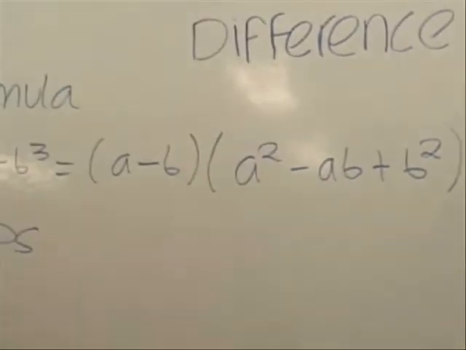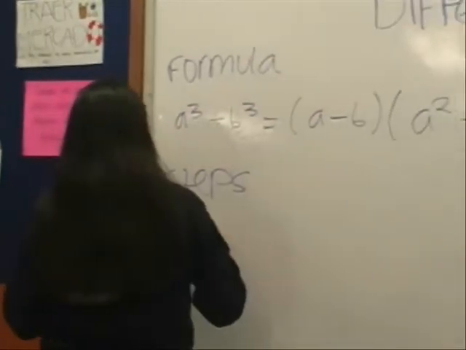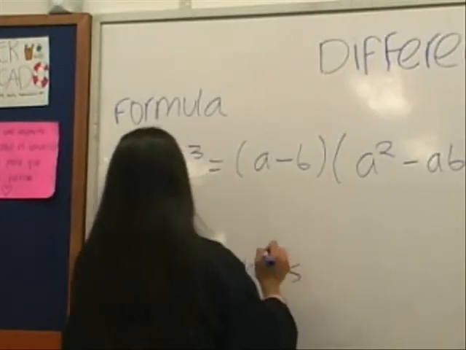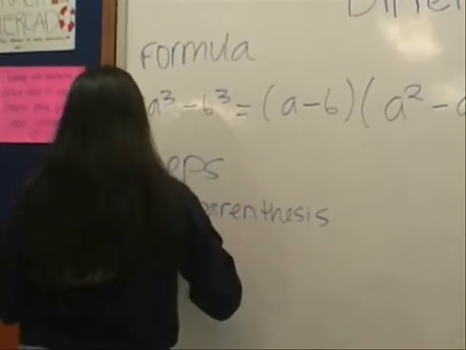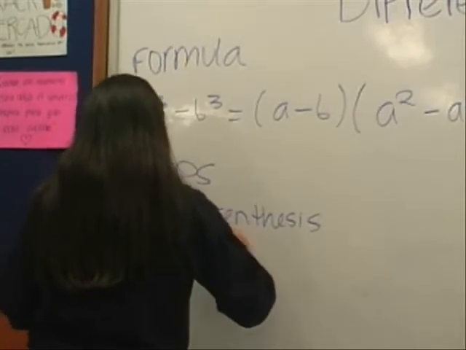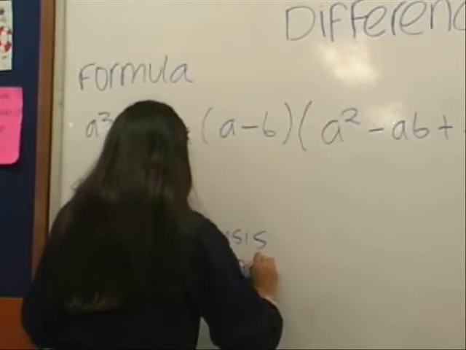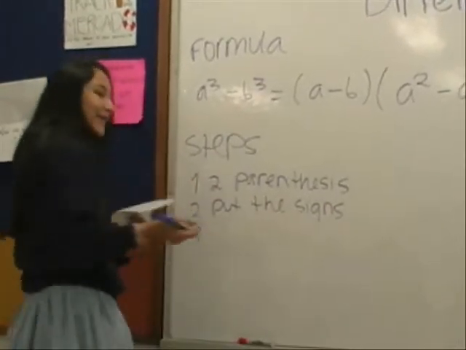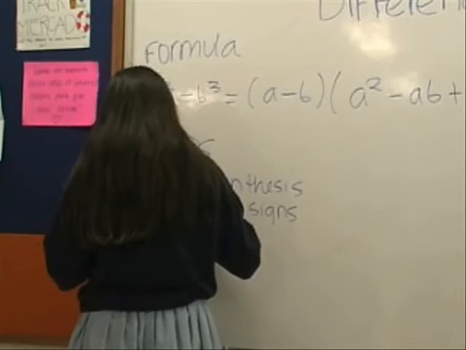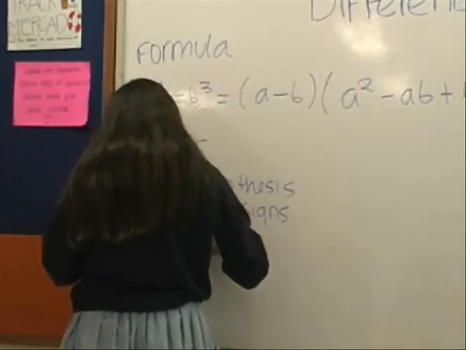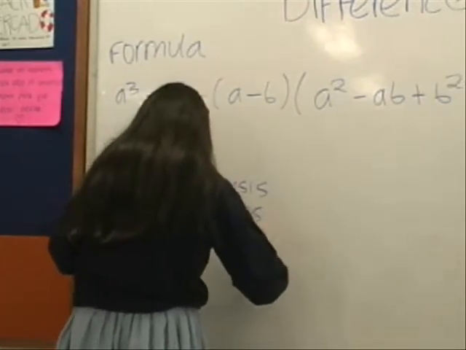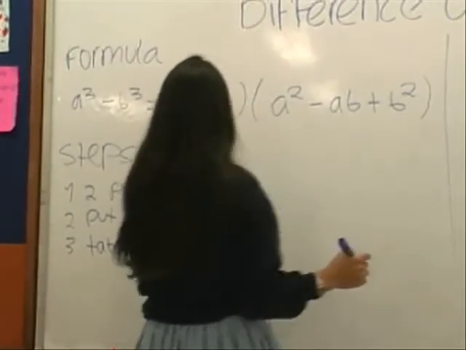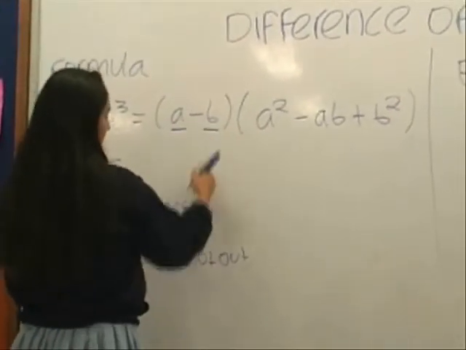So the steps are, first you open 2 parentheses, then you put the signs, then you take the cube root out of the first and the second term that are this one.